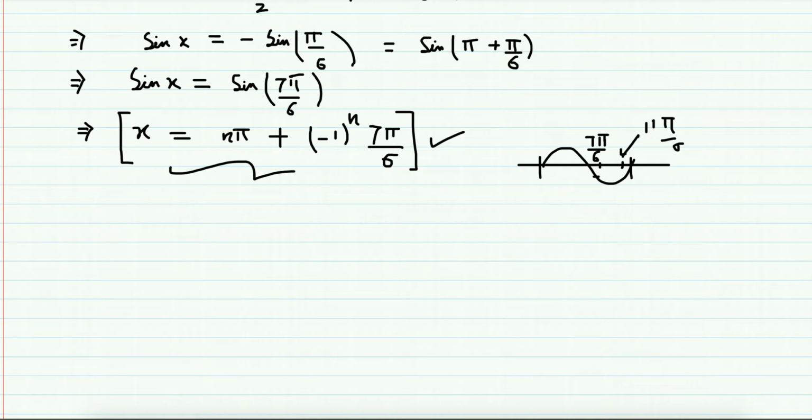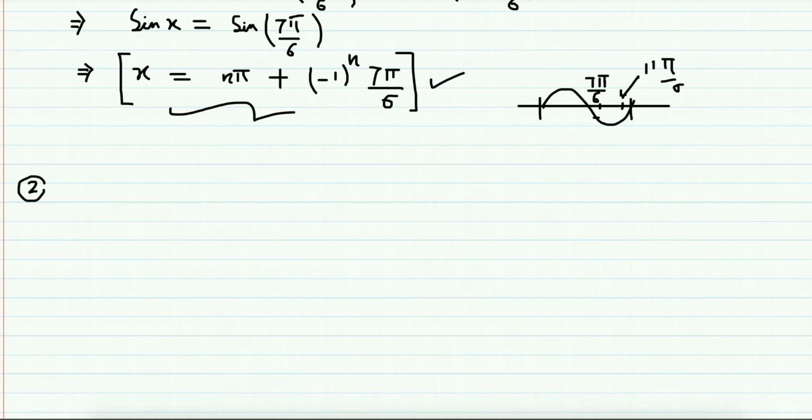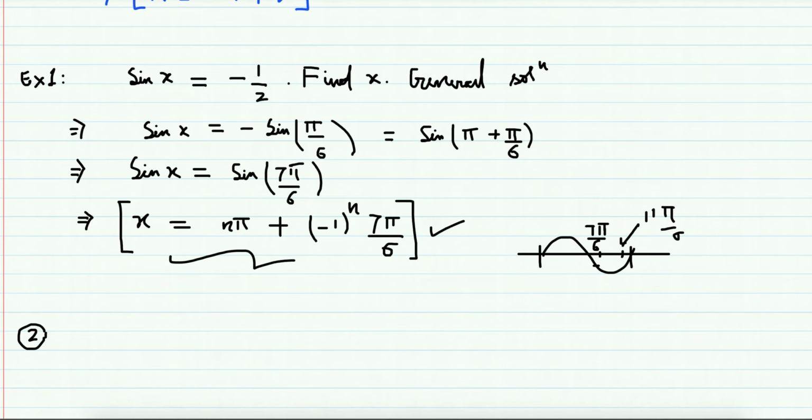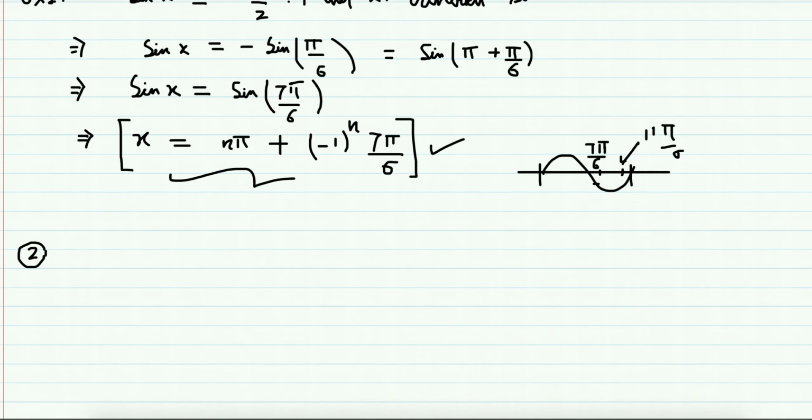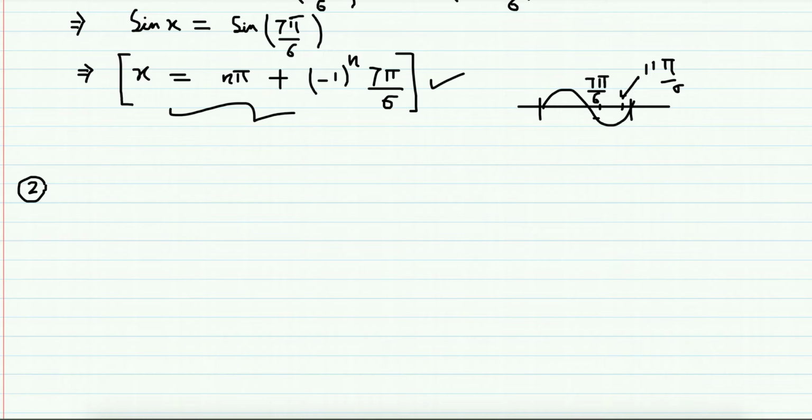Now we will see the second example of the cos function. So this was the sine function. We are just seeing some simple straightforward equations. In the next class we will see some more involved examples.